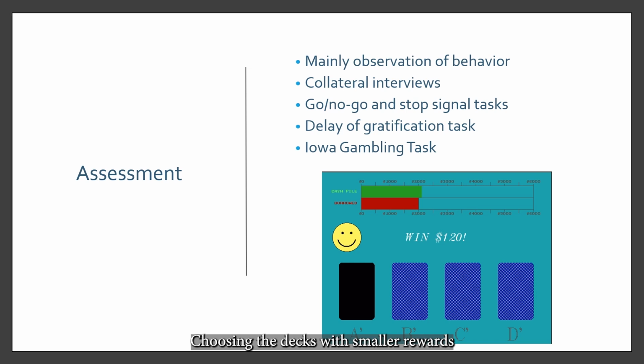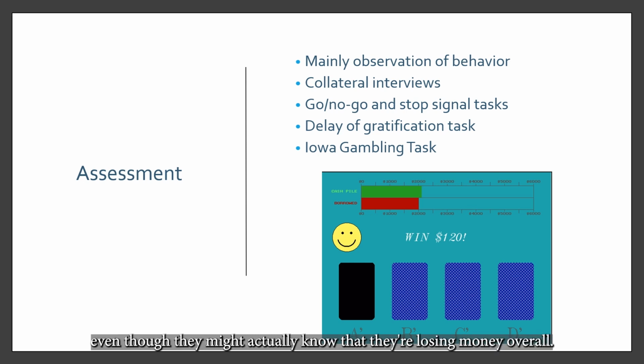Choosing the decks with smaller rewards will give better long-term payout. Most people will eventually be able to identify the good decks and choose them reliably. But with orbital frontal dysfunction, people will continue choosing the bad decks, even though they might actually know that they're losing money overall.